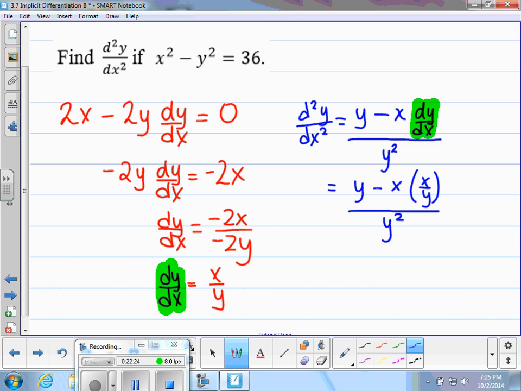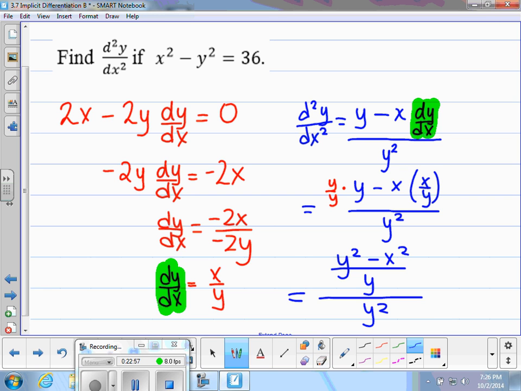Again, with the denominators, right? I want to make sure that my fractions make sense. So I'm going to multiply this by y over y in order to get the same denominator as the other fraction. Okay, so I get y squared minus x squared, all of this over y, and then, fraction inside of fraction, y squared.